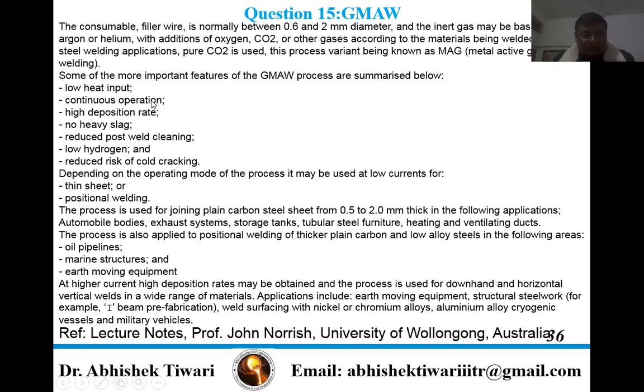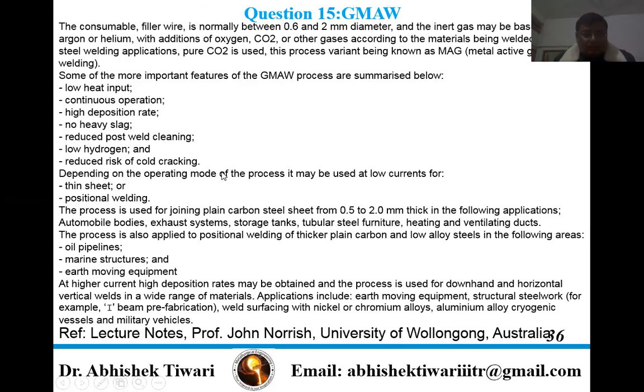Now these are some salient features of GMAW. Generally the wire is between 0.6 and 2 mm in diameter, and the inert gas can be argon or helium with addition of oxygen, CO2 or other gases. Salient features are low heat input, continuous operation, high deposition rate, no heavy slag, reduced post weld cleaning, low hydrogen, and reduced risk of cold cracking.